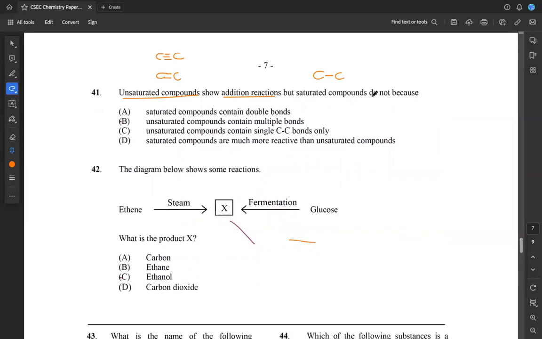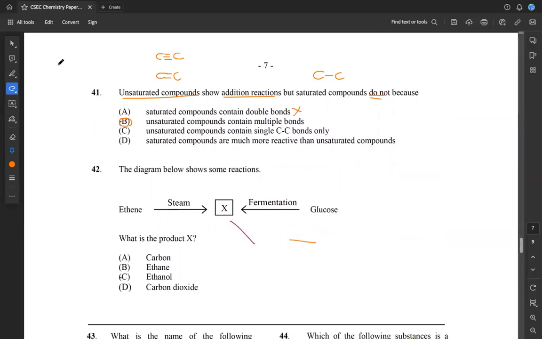They do not have addition reactions because why? Is it because saturated compounds contain double bonds? No, because saturated compounds actually contain single bonds. So this statement is not true at all. Unsaturated compounds contain multiple bonds. That's true, and that is why they can do addition reactions. So the answer is B.